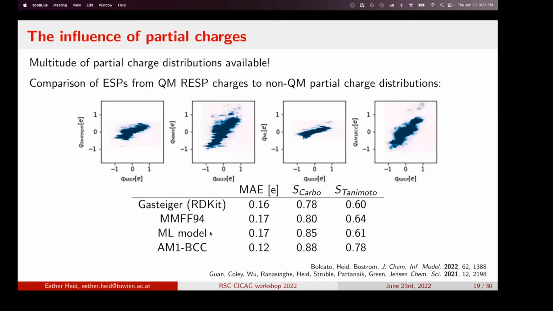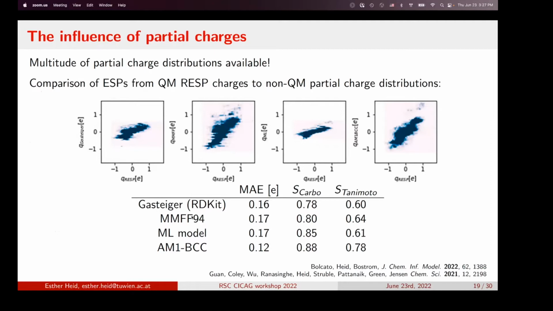Another thing that I would like to talk about briefly is partial charges. That's because we're using Coulomb potentials, which is just a sum of potentials that we get from point charges. So the nature of the point charge distribution that we choose will affect our results.